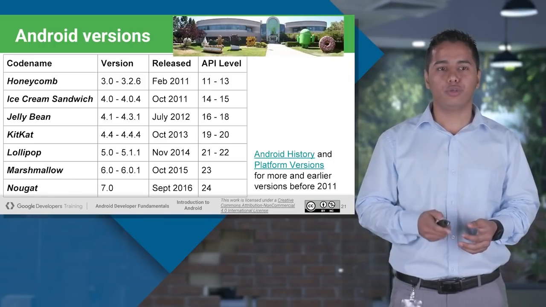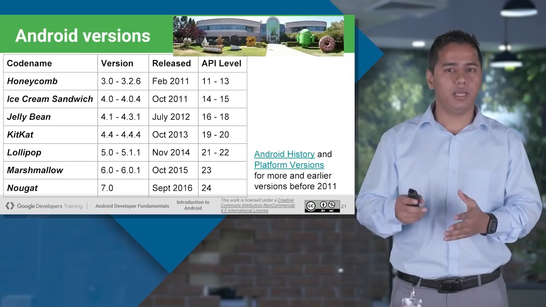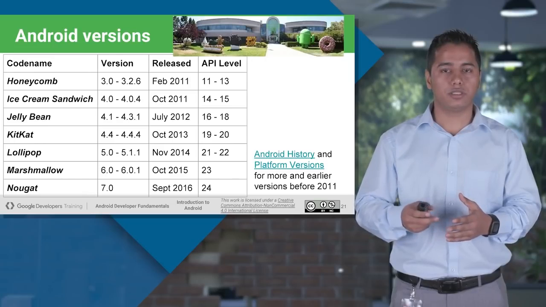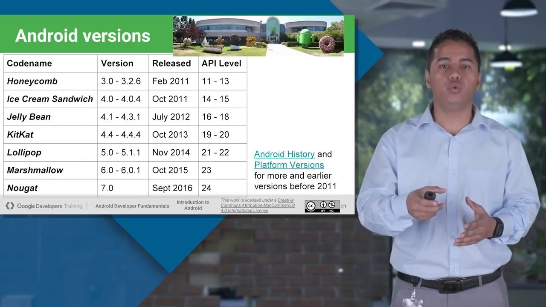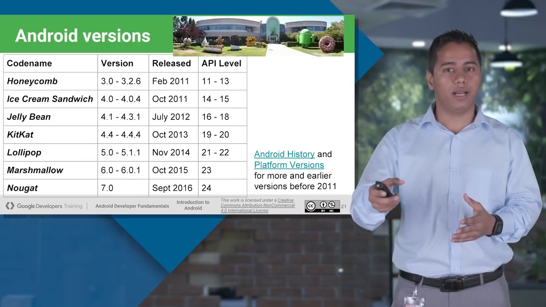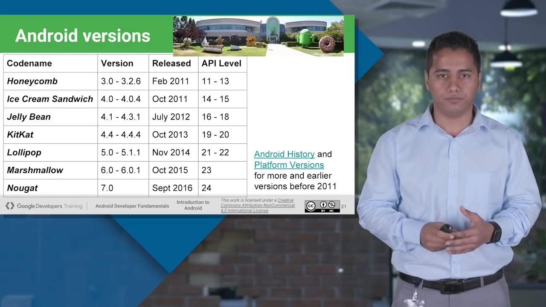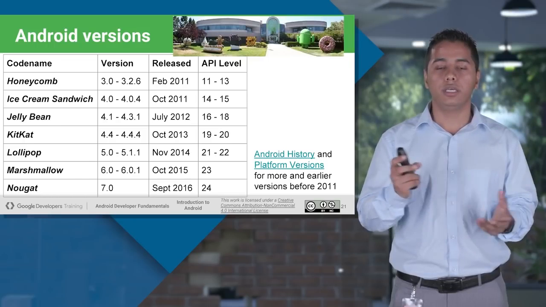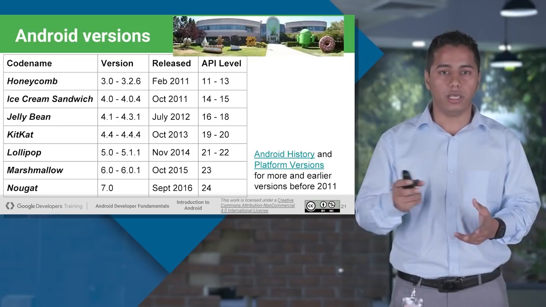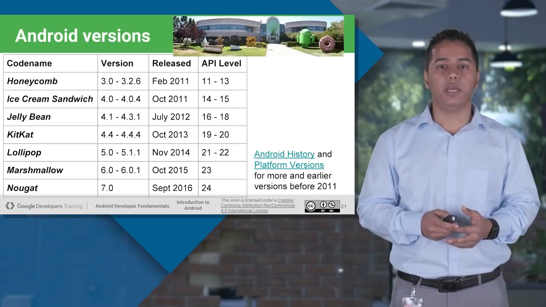One more thing I really want to discuss here is the API level. Each version works on a particular API level, and API stands for application programming interface. There is a set of classes provided at each Android version, which you will use to develop your Android application for that particular version. Like if I want to develop an application for KitKat, I will be using API 19 to 20. And if I'm developing for the latest version, it will be API level 24.